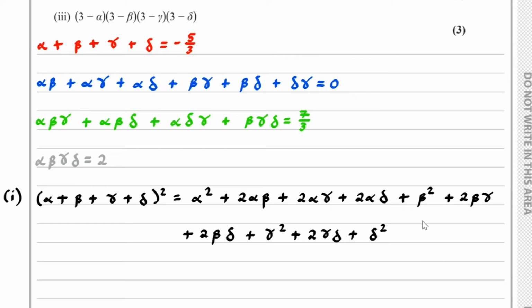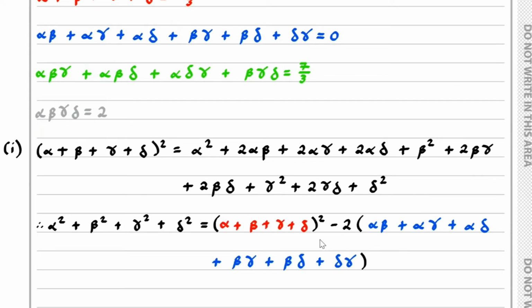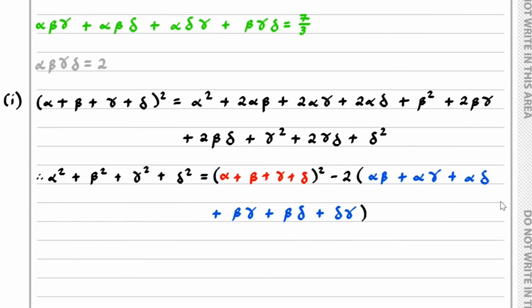And at this point, we can rearrange. We end up with alpha squared plus beta squared plus gamma squared plus delta squared equals alpha plus beta plus gamma plus delta all squared, subtract two lots of alpha beta plus alpha gamma plus alpha delta plus beta gamma plus beta delta plus delta gamma. And we know what each of these results are.